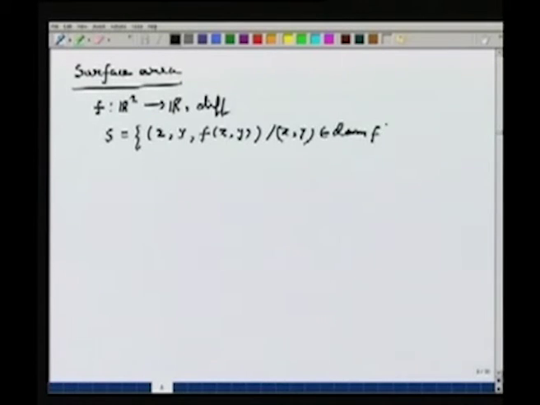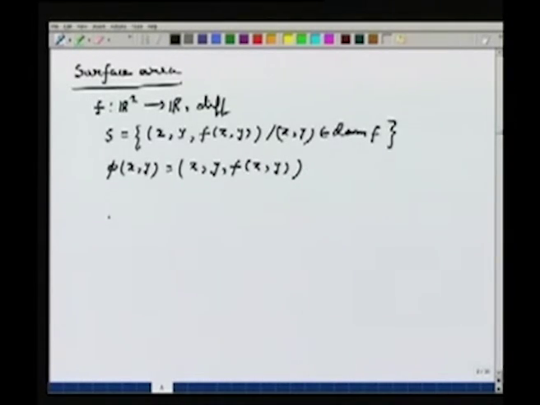And this also gives me the parametric representation of the surface. Call that function phi. So phi of (x, y) is (x, y, f(x,y)).